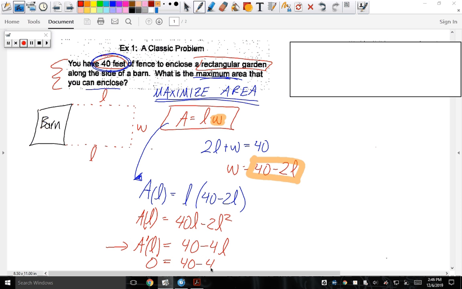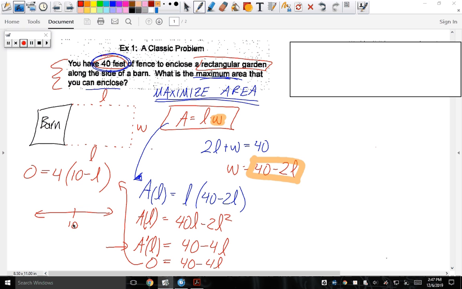Did you set that derivative equal to 0? Okay? So the practice that we've been doing lately, you probably would end up writing something that looks like this, going from here up here, setting our derivative equal to 0 because you're looking for critical points. And the critical point that you would find here would be 10.